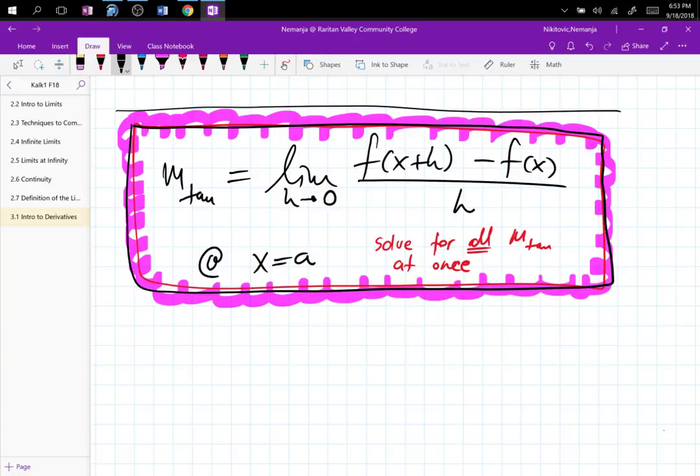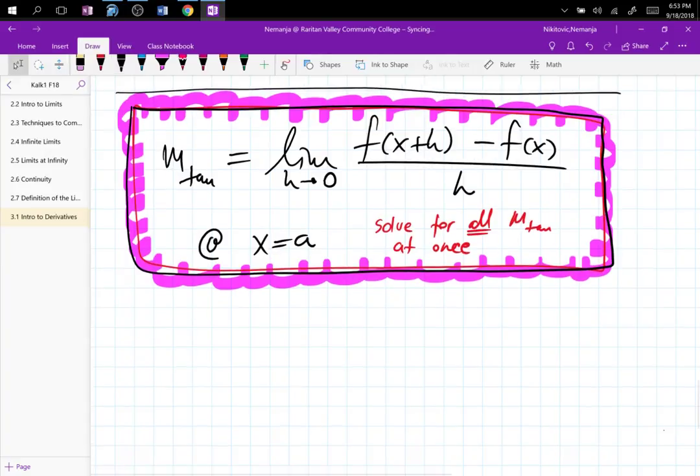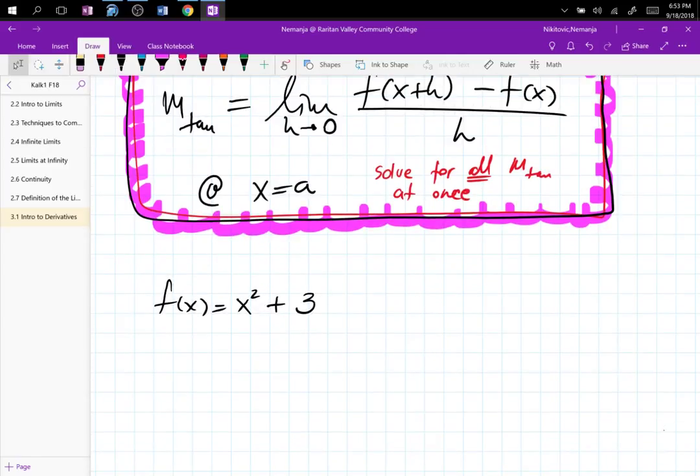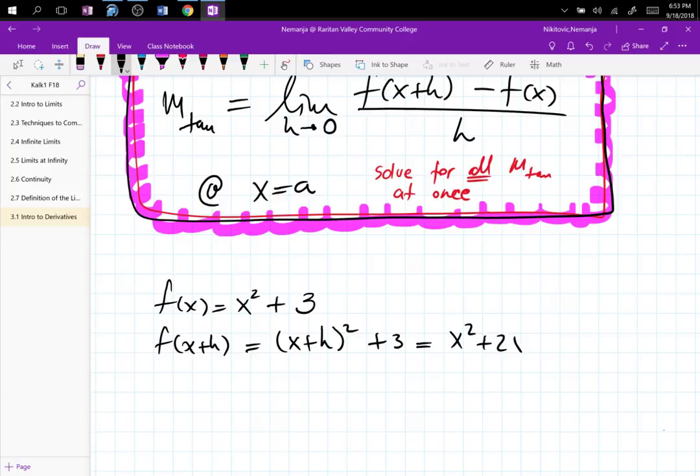Well, we have our f of x to be x squared plus 3. So now I do the same stuff. f of x plus h is x plus h squared plus 3, which is x squared plus 2xh plus h squared plus 3. In general, your grade withers with this one.